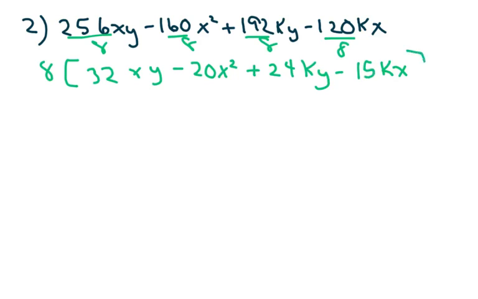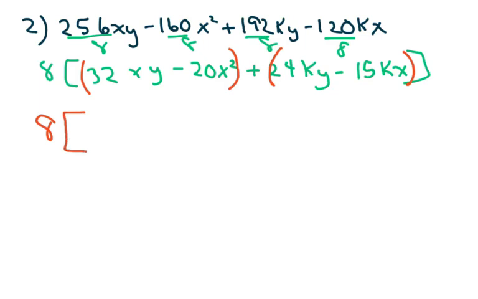Now, like we did before, we're going to group these two together. It's nice that this is plus, so I'm going to group these two together, and these two together. Sometimes you have to rearrange them. In this set, you don't.